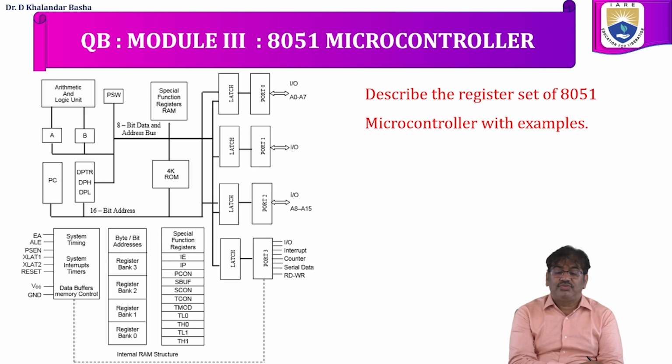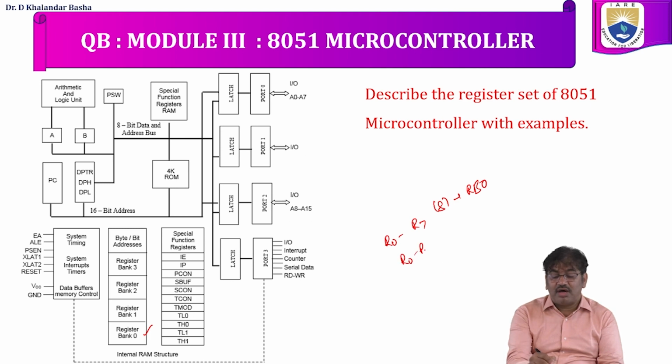Describe the register set of the 8051 microcontroller with examples. In the register set, we have to consider what the various registers in the 8051 microcontroller are. So we have register bank 0, where each bank consists of registers R0 to R7. These 8 registers are present in register bank 0.